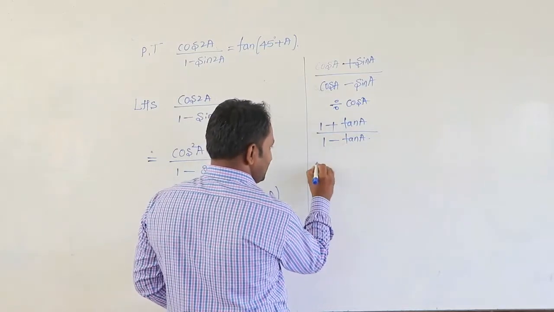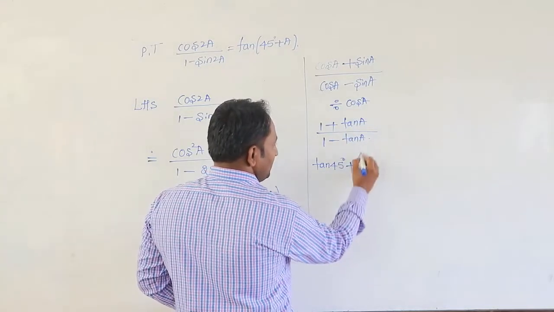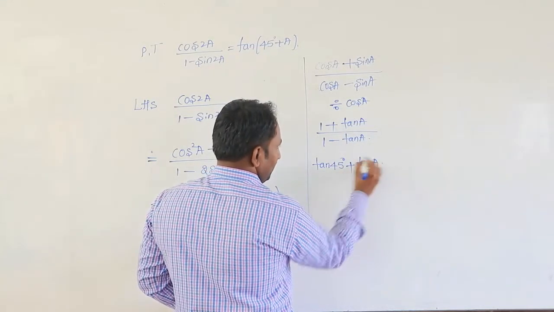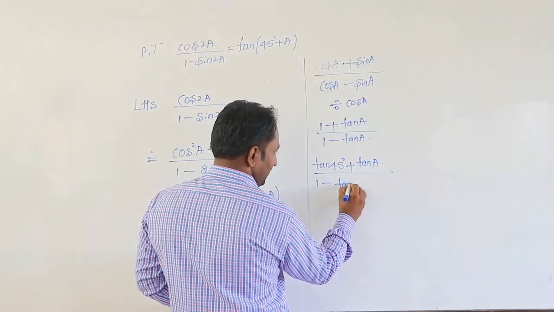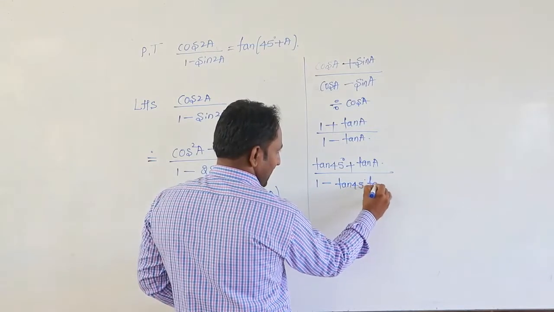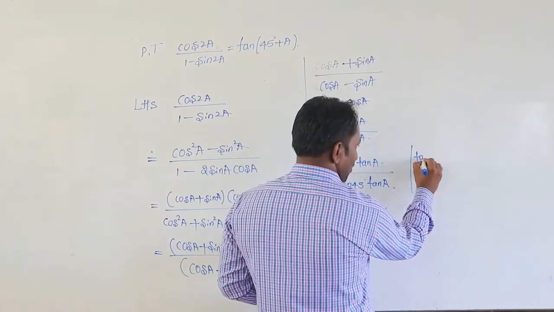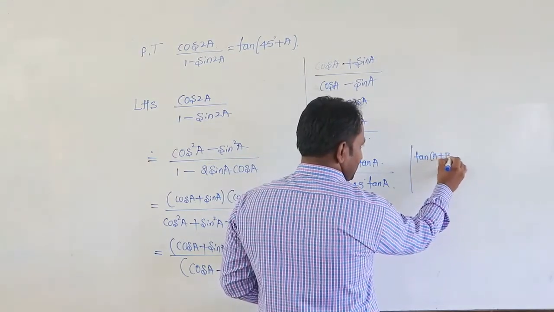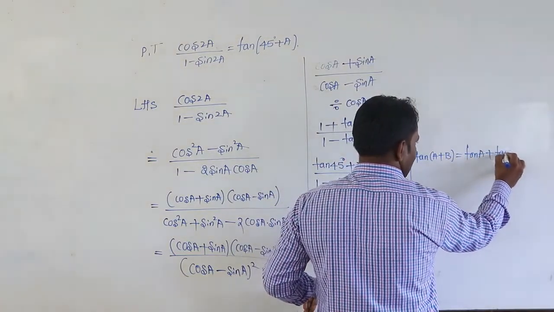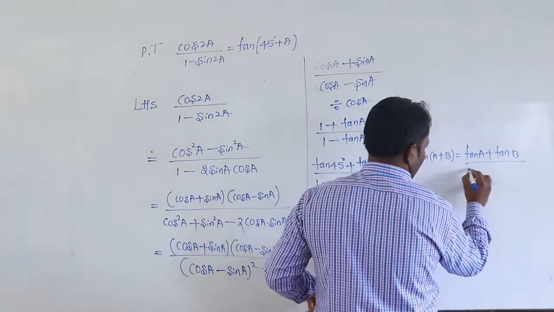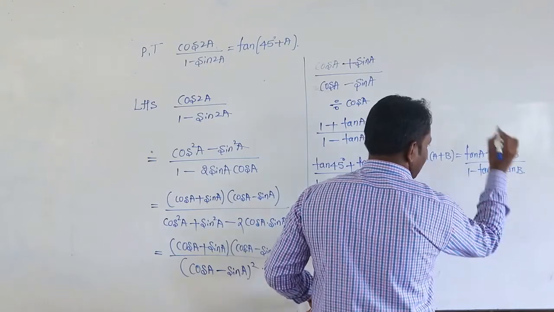Here 1 can be expressed in the form of tan 45 degrees, so tan 45 degrees plus tan A divided by 1 minus tan 45 degrees into tan A. We know the formula tan of (A plus B) is equal to tan A plus tan B divided by 1 minus tan A into tan B. Already we proved this.